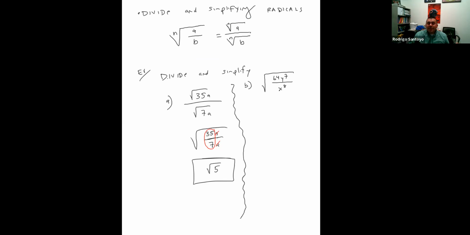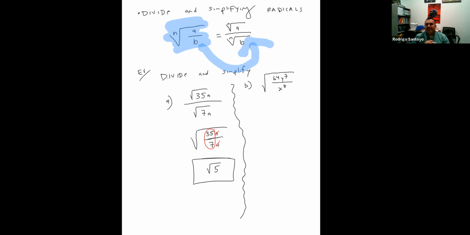Well, now, if you take a look at this example, it looks like this. So now, let's make it look like that. Show two radicals, one on the top, one on the bottom.